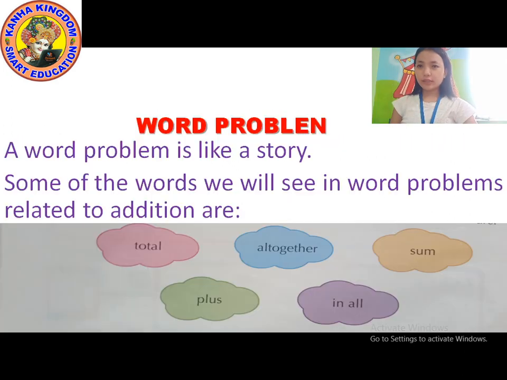Now we are going to learn about word problems. A word problem is like a story. You have to read the story or the word problem clearly, and you have to understand what the word problem wants to say and what they want you to find out.